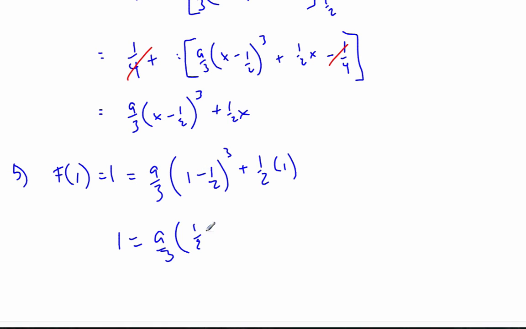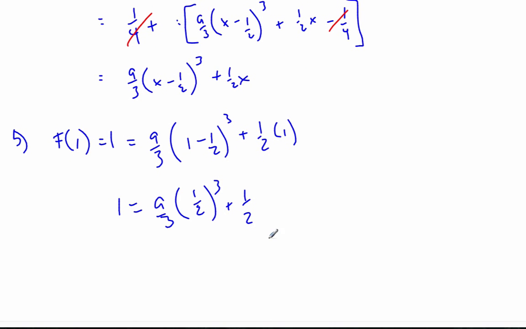This is 1 half cubed plus 1 half. And if I solve it, I'm going to subtract 1 half. So I get 1 half is equal to a over 3 times 1/8, which is a half cubed, multiply by 24.